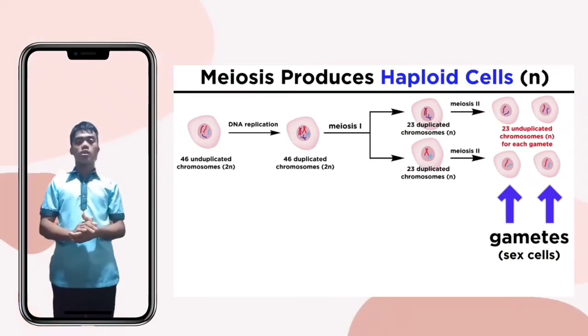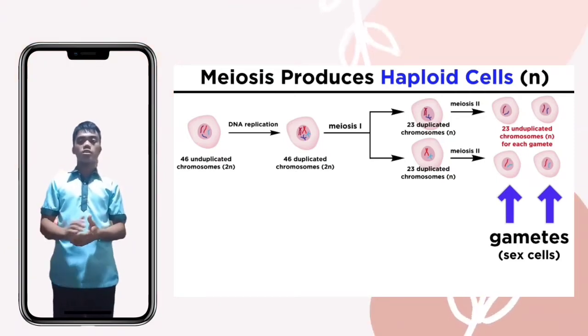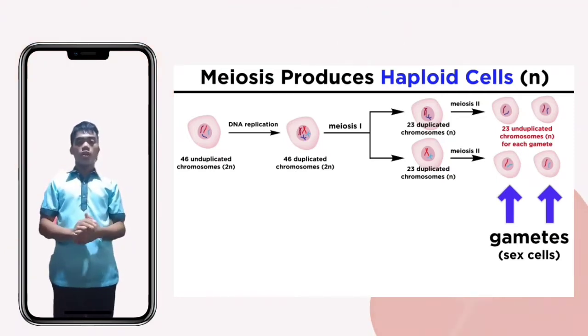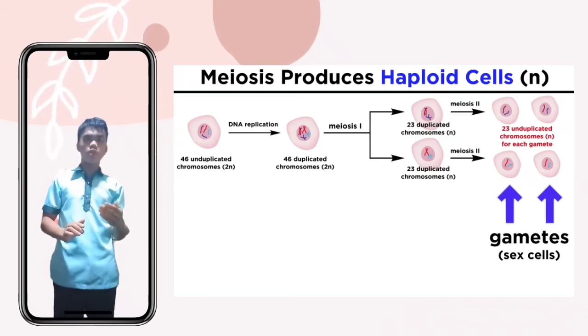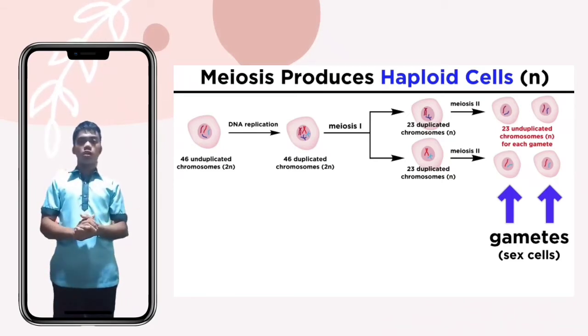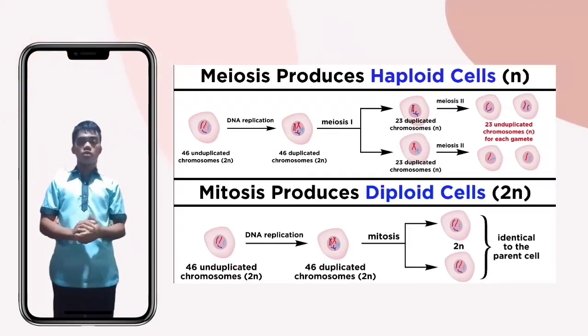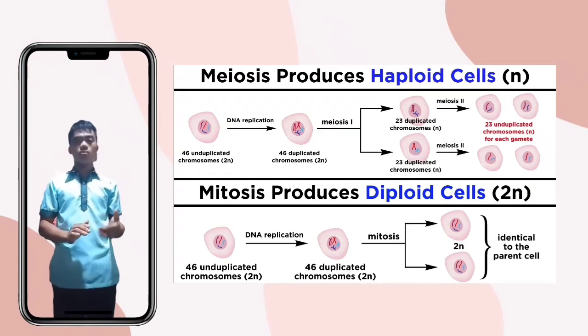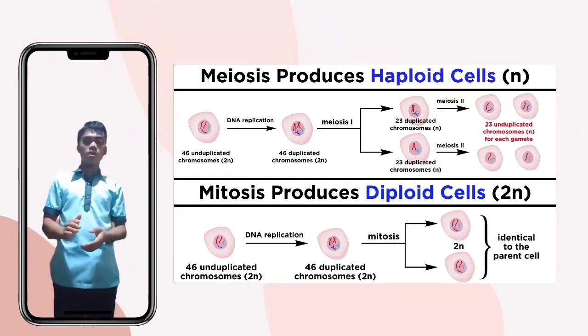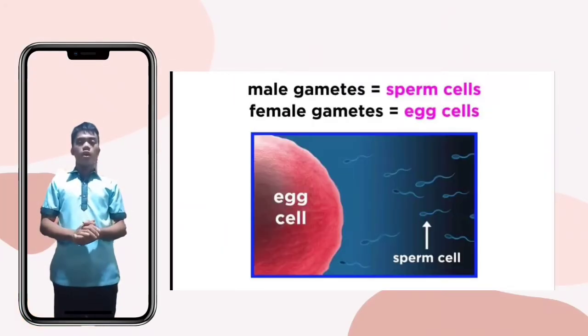We may recall from the biology series that gametes are haploid cells that are the product of meiosis, rather than the diploid cells found around the rest of the body, which are the product of mitosis.